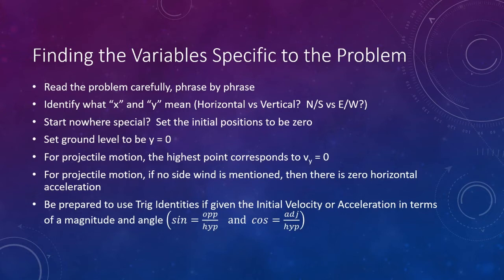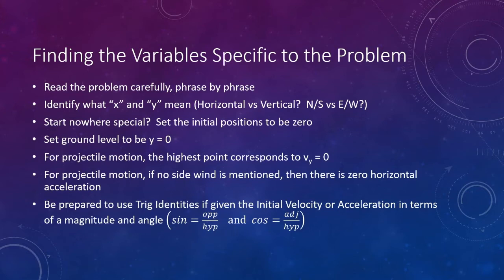When you look at the initial positions, if nothing is given about where you start out, you can safely set the initial positions to be 0, because your final position is always in relationship to that. So if you start nowhere special, just say you start out at x equals 0. If you're looking at a case where there's vertical motion, I typically set the ground level to correspond to y equals 0.